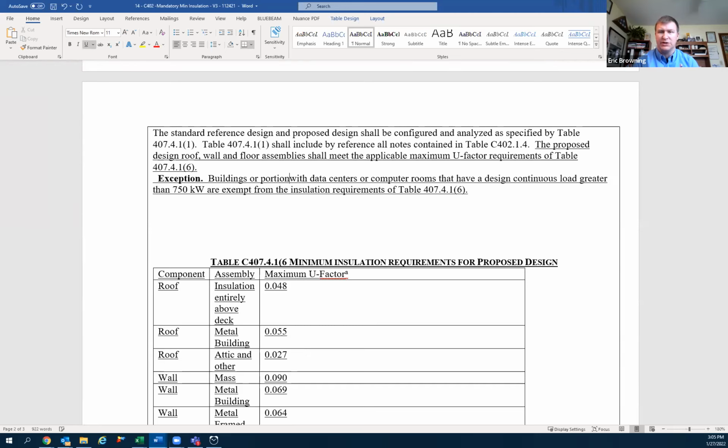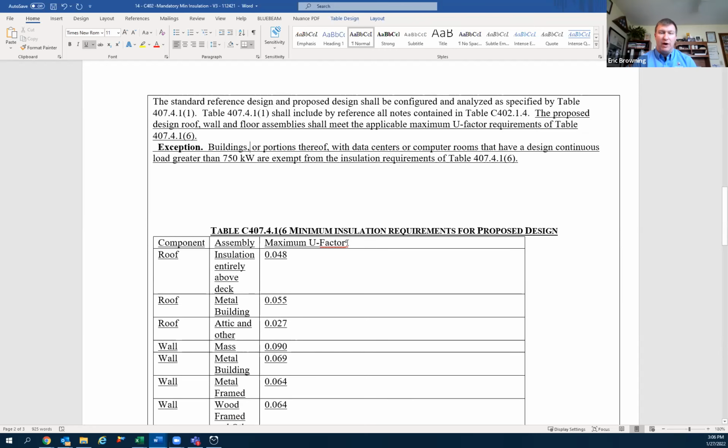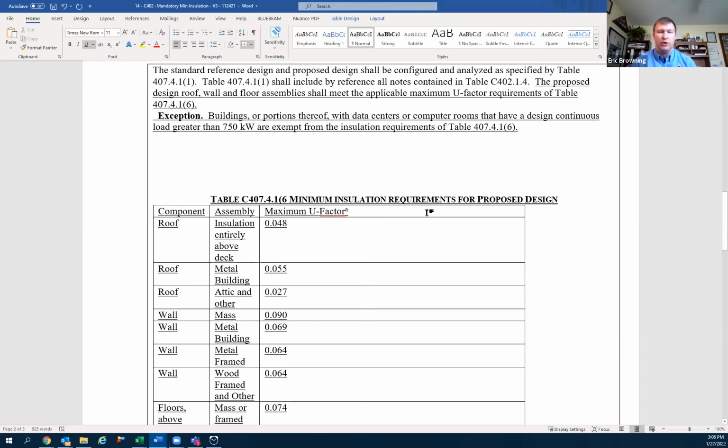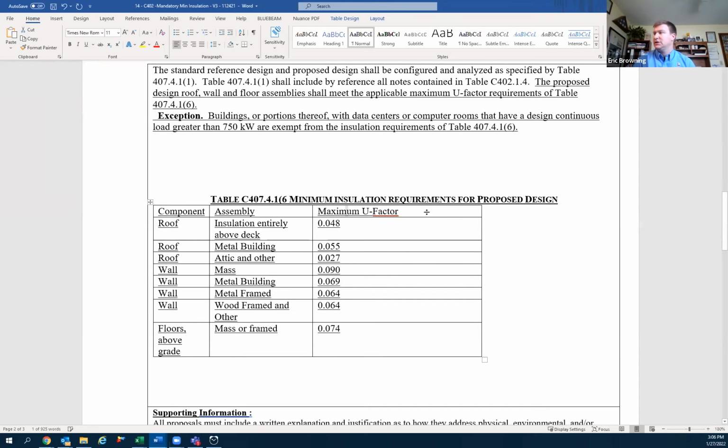So adding "or portions thereof" so that from an enforcement perspective, we're not creating a loophole that could exempt entire buildings from some of these requirements. And then the third modification that I'm proposing is simply to delete the reference A to the footnote there in table C407.4.1.6.